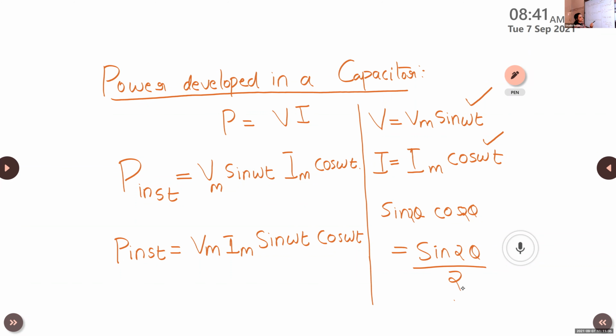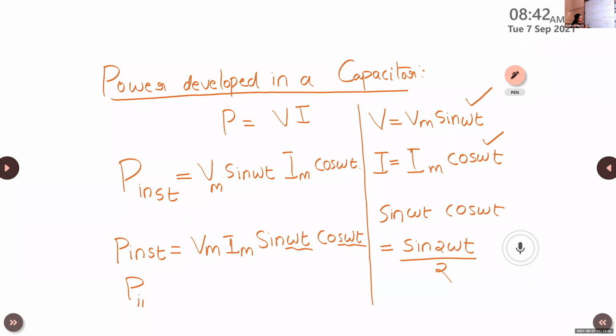Similarly, here we have another phase angle, omega t. So instead of sin theta cos theta, here we have sin omega t cos omega t, and it becomes sin 2 omega t divided by 2.